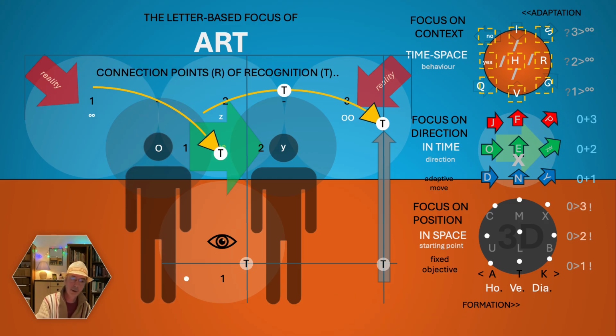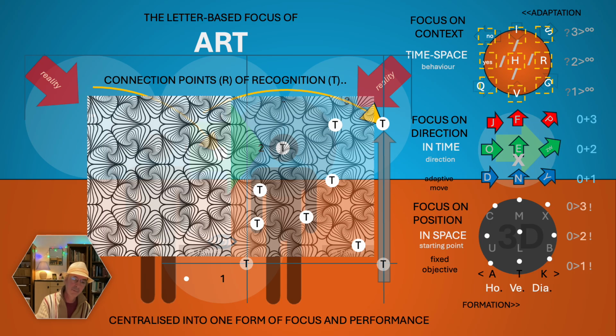So these connection points R of recognition, T, can be compared actually to patterns that are found, and I think it's a quite good expression of it, because these patterns are like centralized focuses with variations and a certain performance. You have this performance, you have this rhythm, and you have points of distinction.